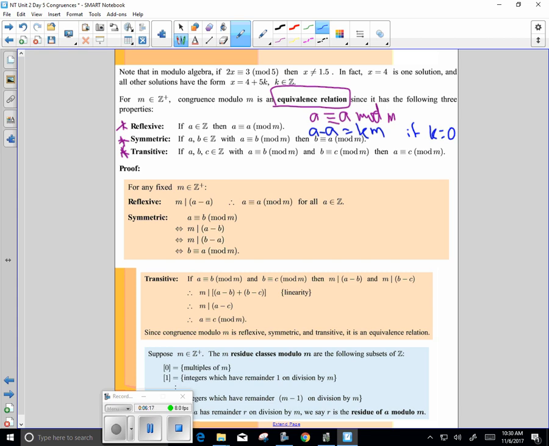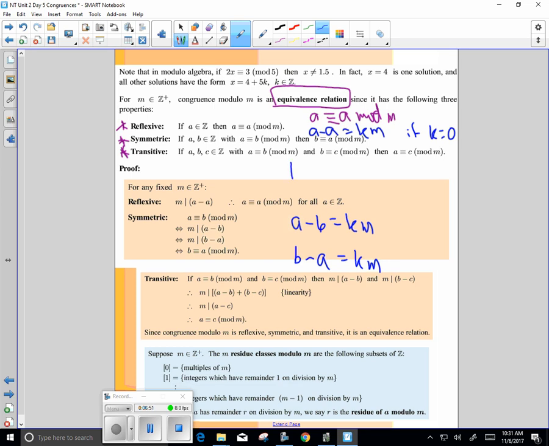And then for symmetric, you have A minus B is equal to K times M. And here we have B minus A is equal to K times M. Let's say, and I used an example here because I got myself into trouble when I used the wrong example, 11 and 3.